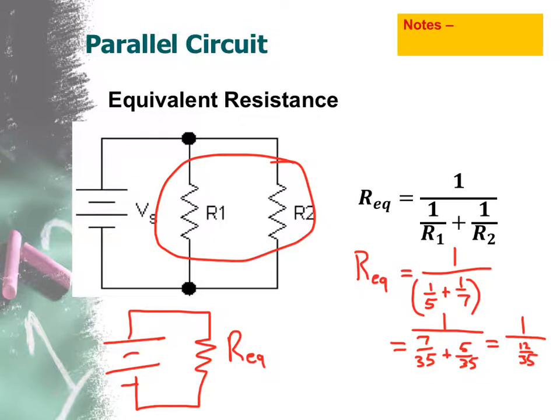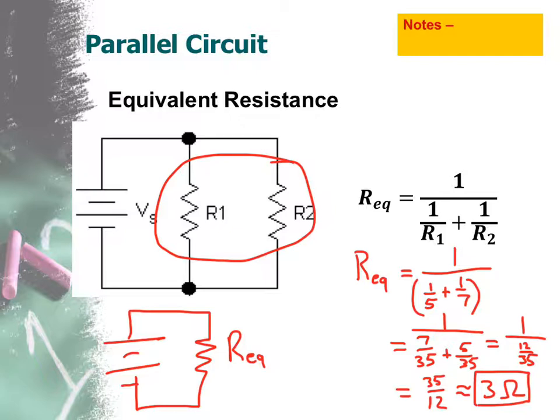And if you take 1 divided by a fraction, you are taking the reciprocal of that fraction. So this equivalent resistance is 35 divided by 12. And that is just a tad under 3 ohms. We'll round it to 3 ohms to make a nice whole number, but it's a little bit less than that.